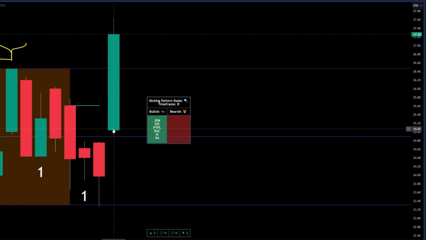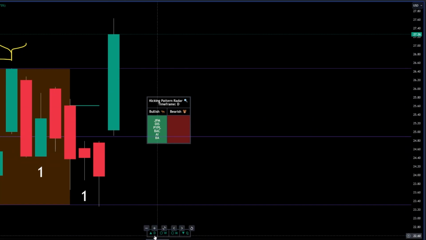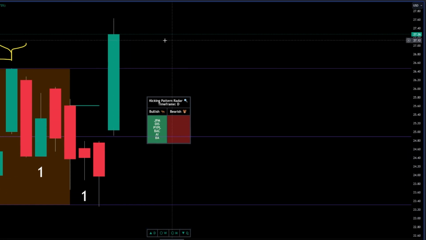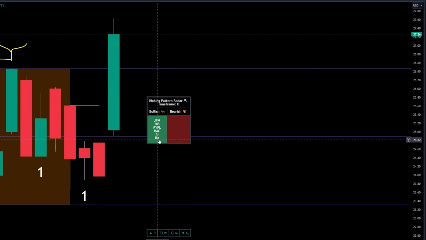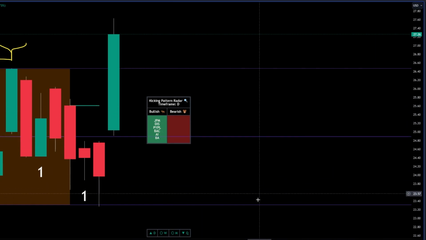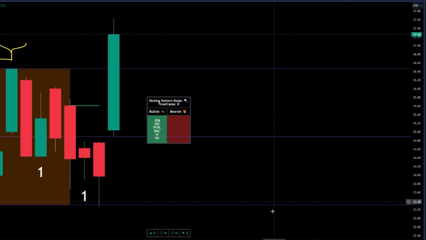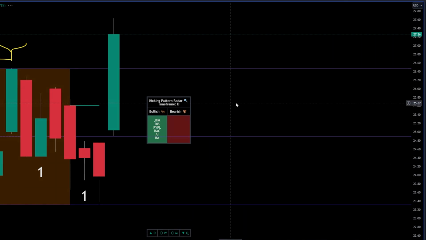But because we also had a kicking bull, and may I add full time frame continuity, full-on bullishness, this is a KPAL. AI appeared on the bullish kicking pattern radar, and I can't show it on the screen now, but it also appeared on the weekly outside candle radar.